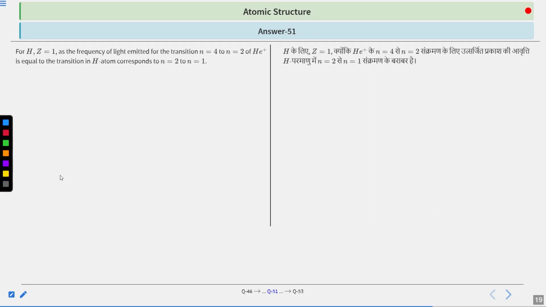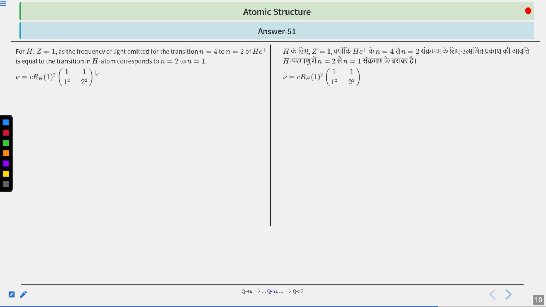Now next, if you want to see the transition which has the same energy as this, let us take the case of hydrogen. For hydrogen, the Z value is 1. So what was the answer? It was n=2 to n=1.